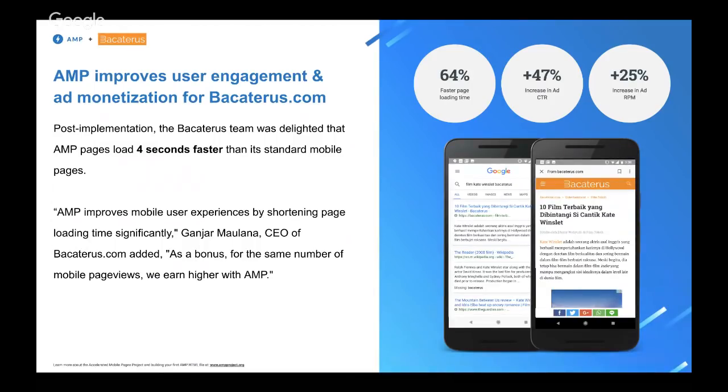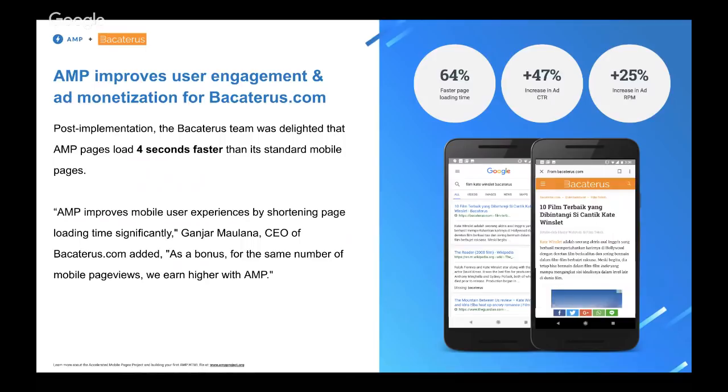So here I'd like to share a small success story from Bacateros.com, a lifestyle publisher who built their site with WordPress. And within 2 days, less than 2 days even, the CEO has managed to implement AMP with a WordPress plugin, which I will be mentioning to you in a minute.